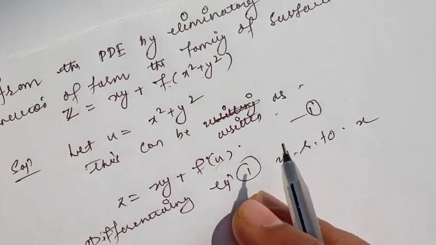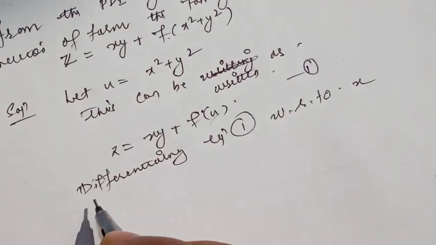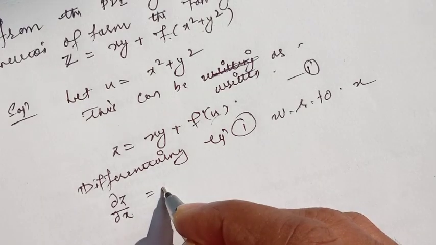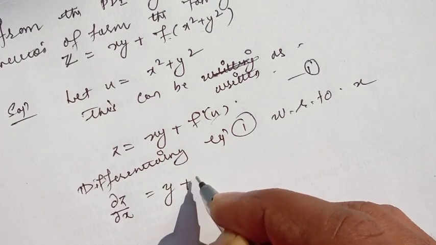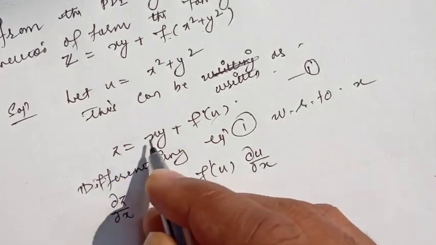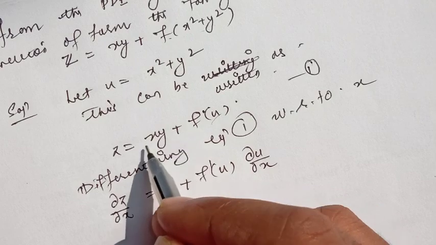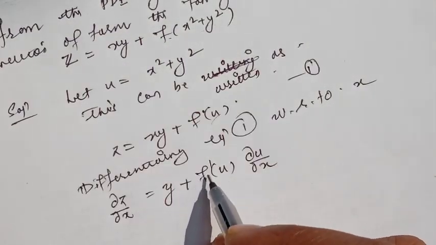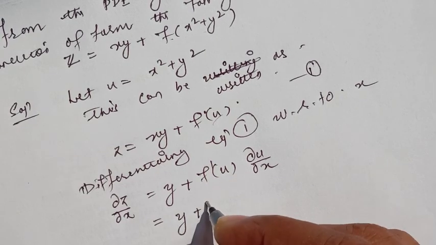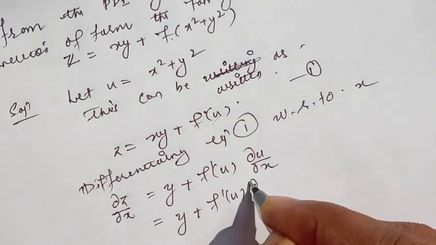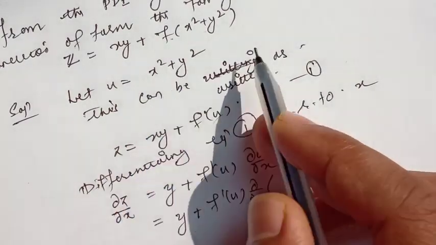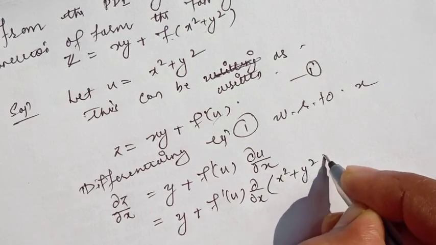Now differentiating this equation with respect to x partially, we will get del z by del x is equal to y plus f dash u del u by del x. Here y plus f dash u, and d by dx of, in the place of u we put this value, x square plus y square.